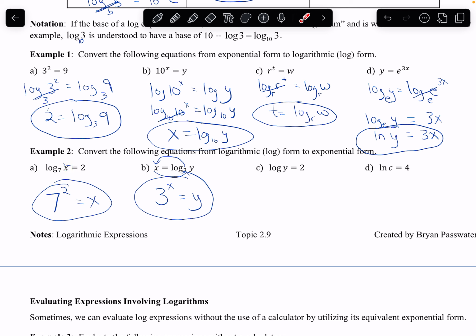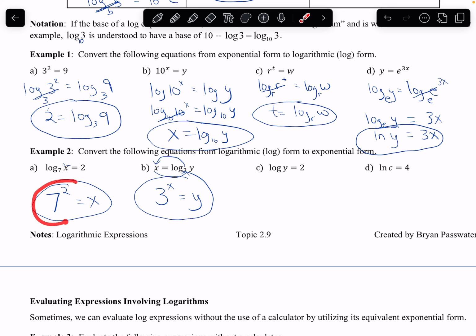That's all it's saying. And here, the power is 2. That's the power I raise 7 to get x.